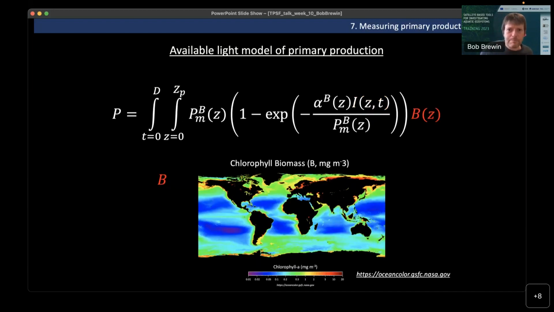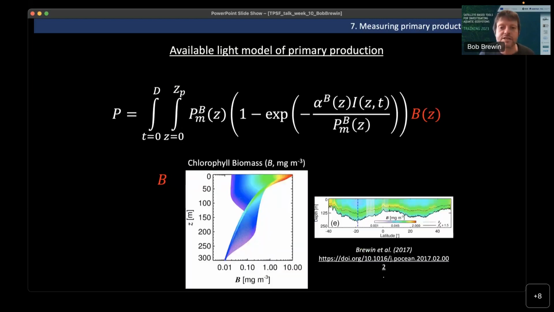And finally, our biomass. I talked a bit earlier about this importance of scaling to phytoplankton biomass. So we can get chlorophyll concentrations very nicely at the surface from space. But of course, that's only at the surface. If we want to know what's happening further down the water column where the satellite can't see, but where there's still light available for photosynthesis, we need to be able to model or extrapolate those surface observations down to depth.